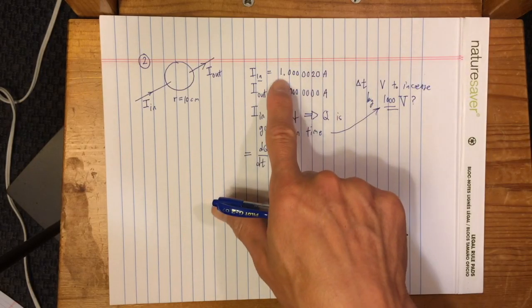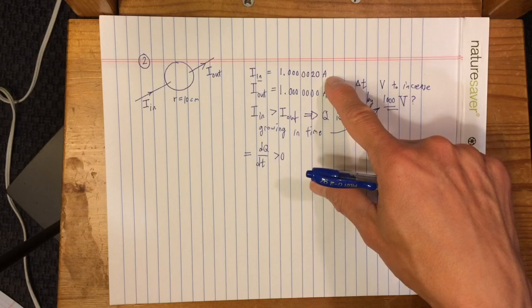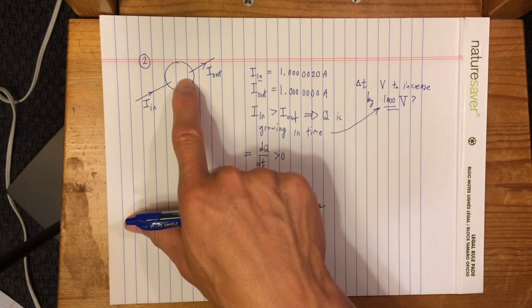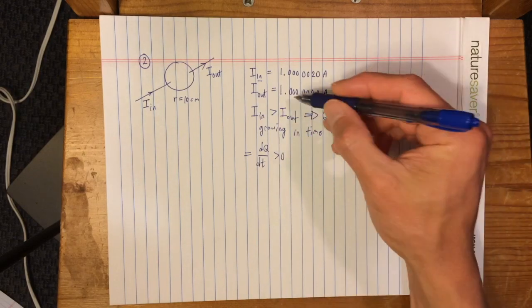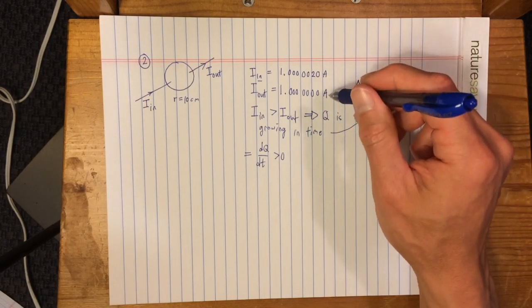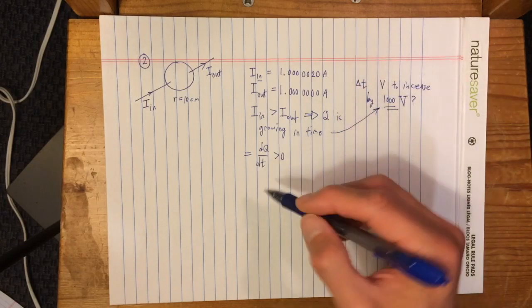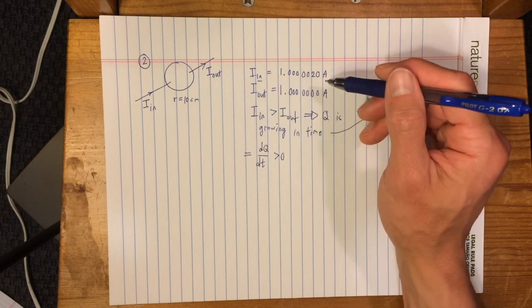So this is saying that it's slightly bigger than a coulomb per second showing up at the sphere, and essentially just 1 coulomb per second leaving. And so this is the difference between the inbound and outbound currents.